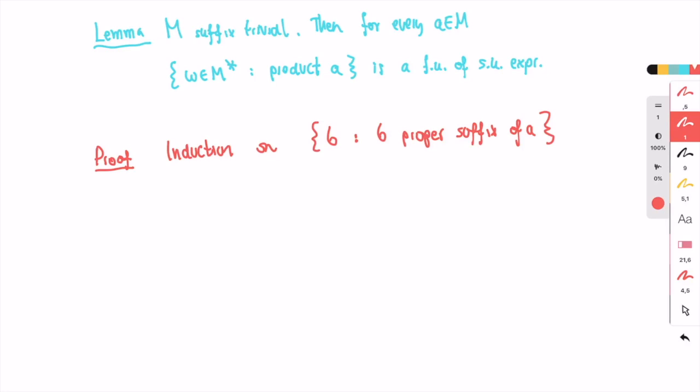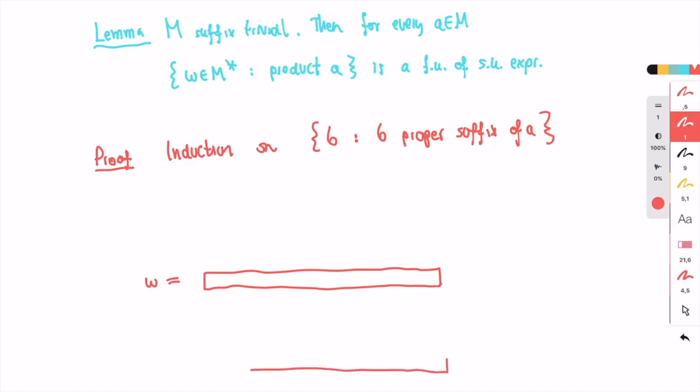Now it's actually quite simple. To see this, consider a word w which has product a. So this means that the entire word has product a.